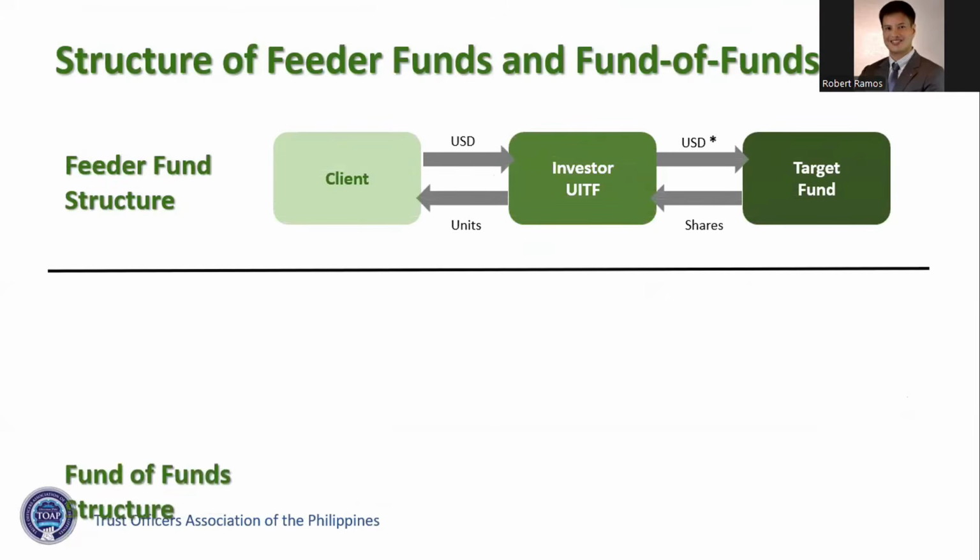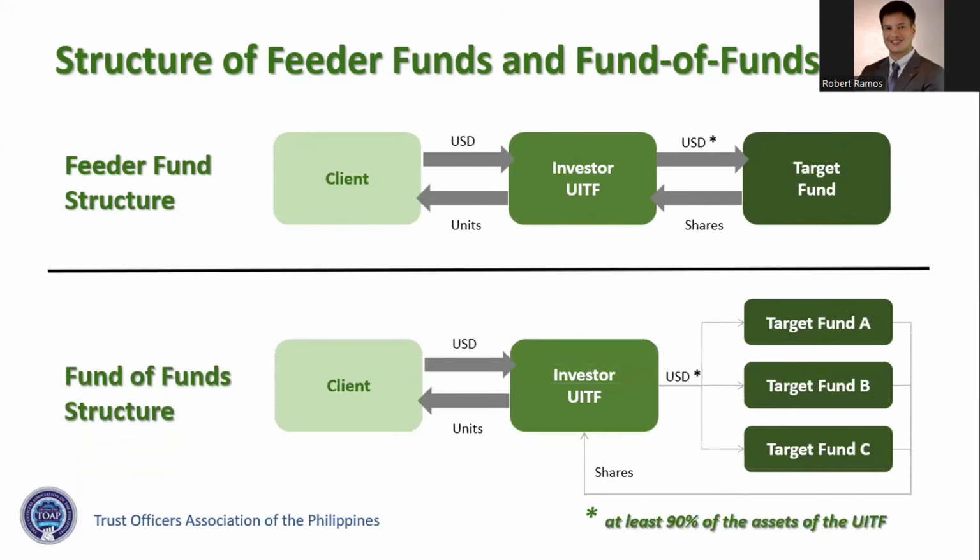So a feeder fund structure and a fund of funds structure effectively have similar structures. The client gives the money to the investor fund, the investor fund then invests in the target fund. The shares of the target fund are given to the investor UITF, and the investor UITF provides the units to the client.